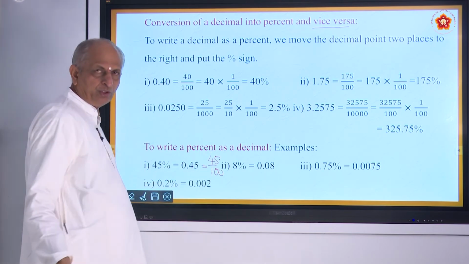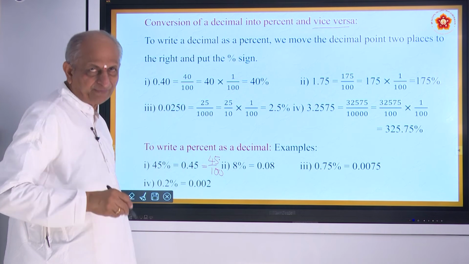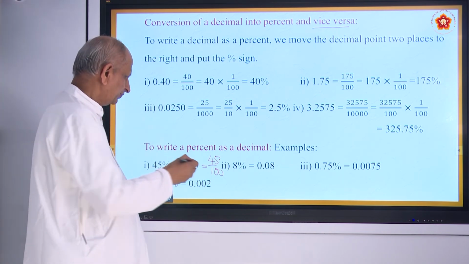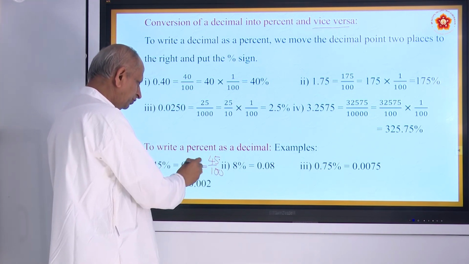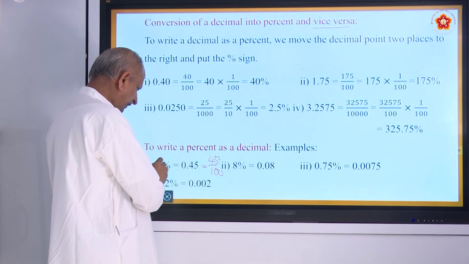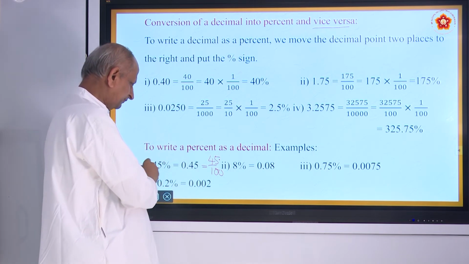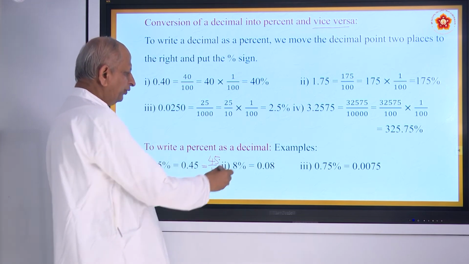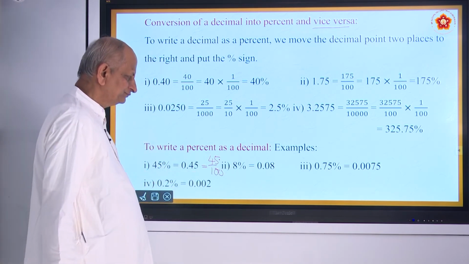I just now told, when you are dividing, you have to move to the left. Multiplying, move to the right. So, there are 2 zeros. So, this 45 point was here, move to the left. It becomes 0.45.